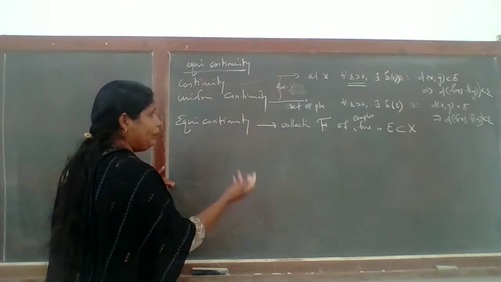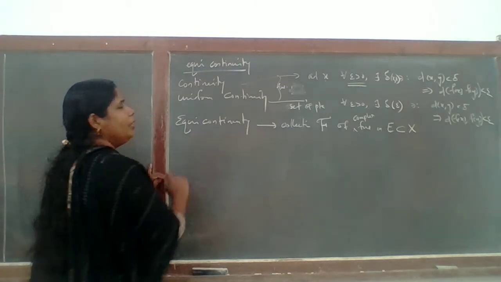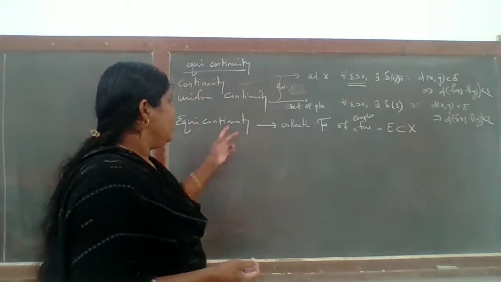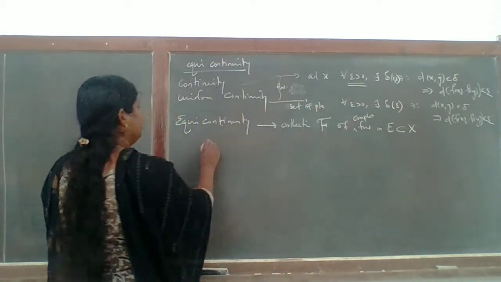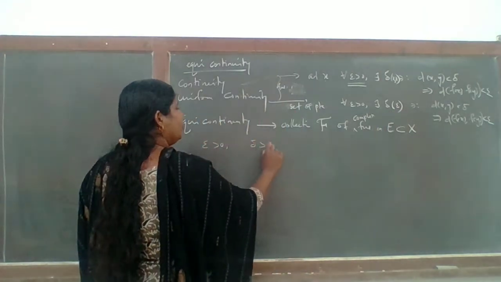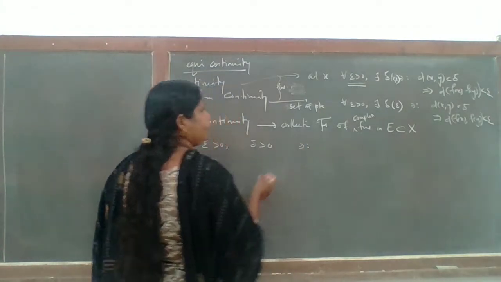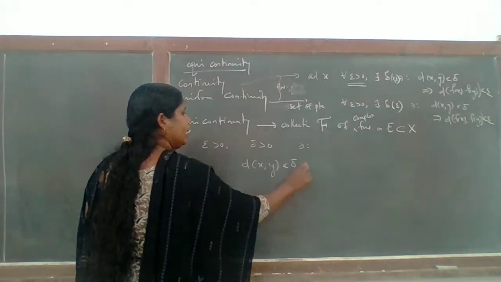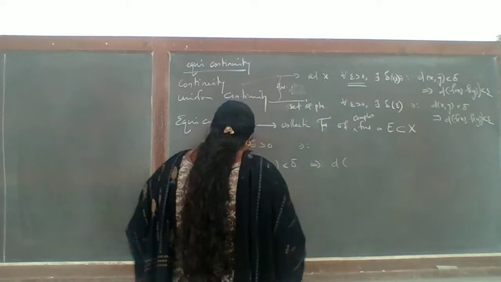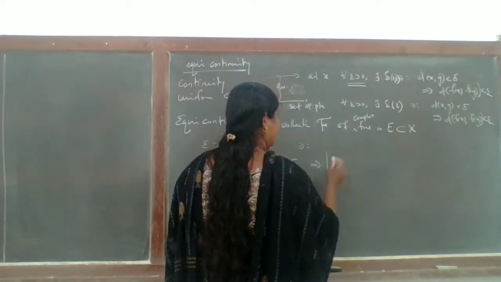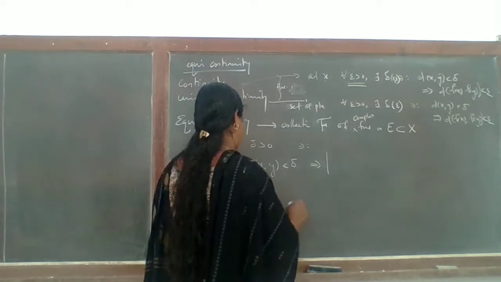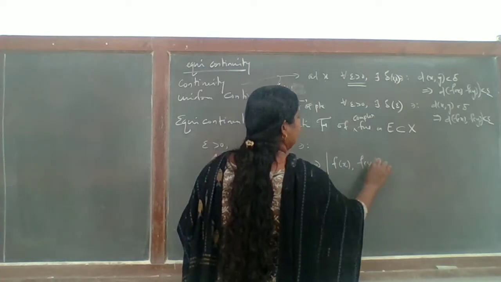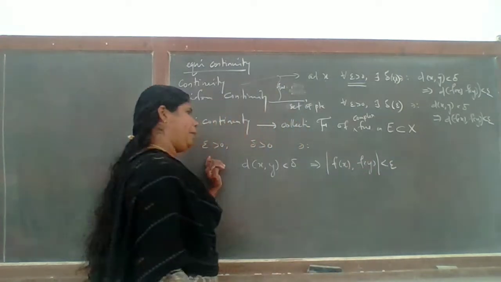So what may be the definition? You can think about it. Equicontinuity. That is, given an epsilon positive, we can find a delta positive such that whenever d(x,y) is less than delta, then the distance, here it is complex valued, the usual Euclidean, |f(x) - f(y)| is less than epsilon.